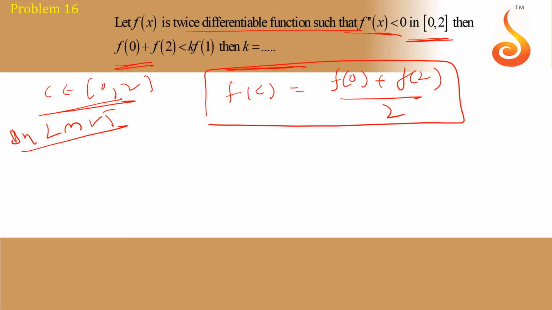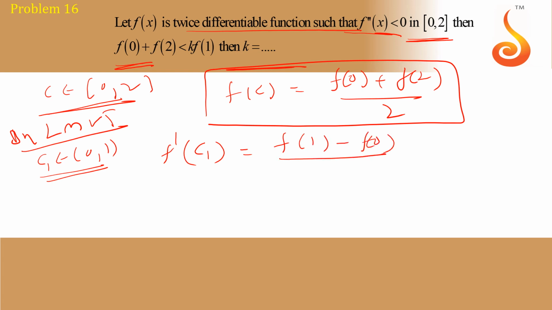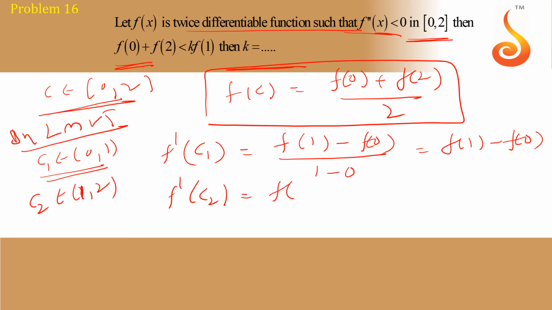Can I say there will be some C1 between 0 to 1 such that f dash C1 will be equal to (f of 1 minus f of 0) by (1 minus 0), which is 1. So which is f of 1 minus f of 0. Similarly, there exists some C2 belonging to 1 to 2, f dash C2 equals (f of 2 minus f of 1) by (2 minus 1), that is f of 2 minus f of 1.